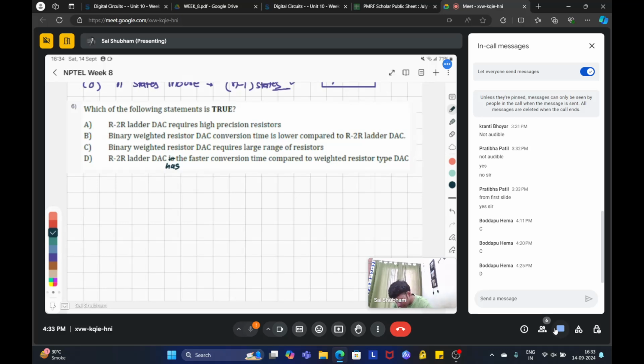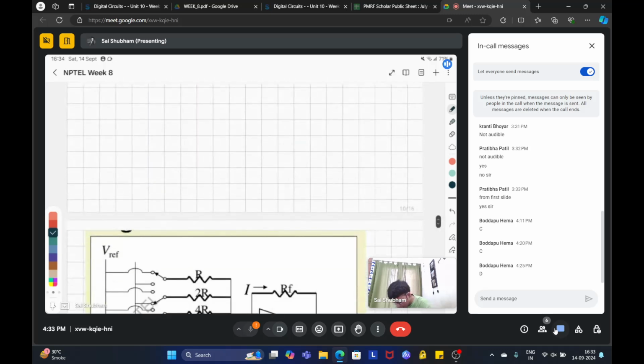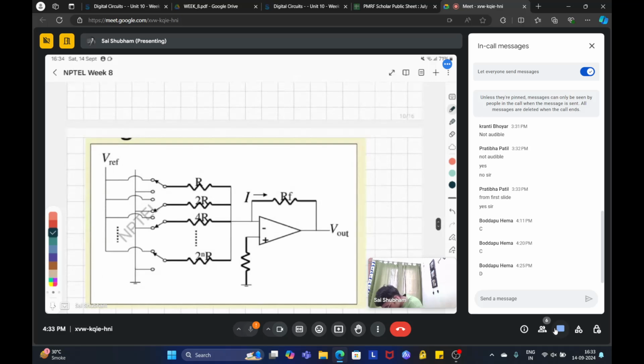So if you're confused, I can quickly go through the different kinds of DAC. So this is your binary weighted resistor DAC. So you can see that the resistors are in the power of 2. Okay, so that only leads to the bit precision.